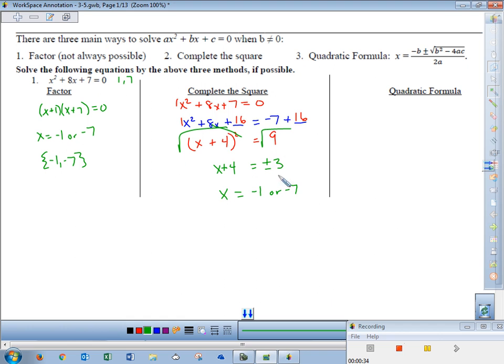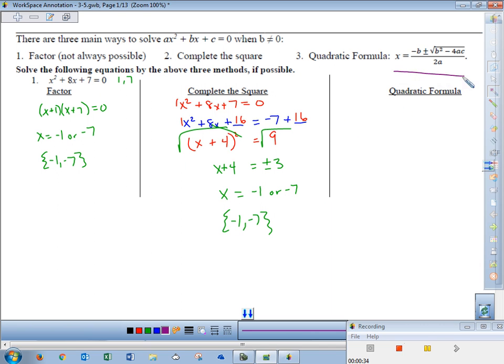Because you have plus or minus 3 over there, and there's the same two answers that we got before. And I hope you realize so far that factoring was easier than completing the square on that guy. Well, we could solve this quadratic equation by the quadratic formula if we wanted to also.